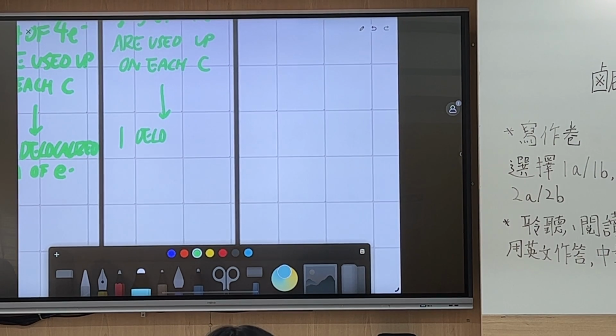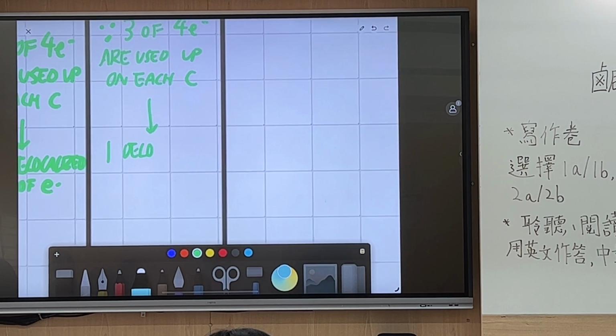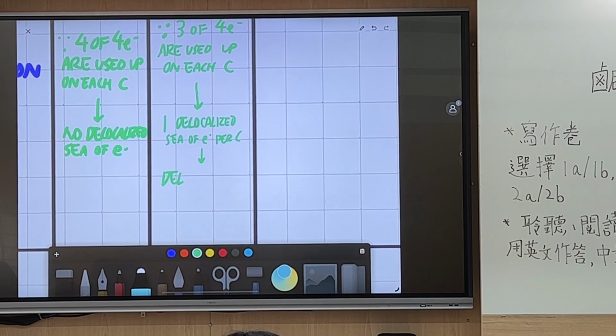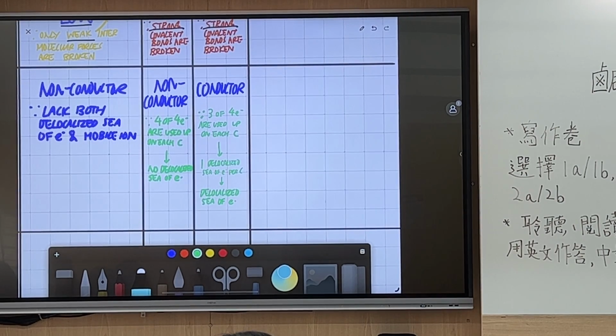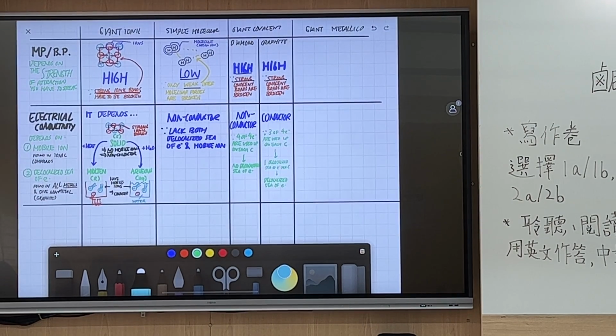So if every person in Hong Kong gives up $1, there will be more than 7 billion. Okay. So you have one delocalized electron per carbon. So this will make for a very large sea of delocalized electrons. So it is a conductor. So make sure everything makes sense to you. Okay, it should naturally flow, the logic.